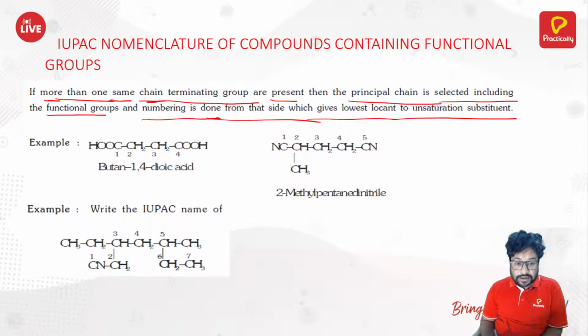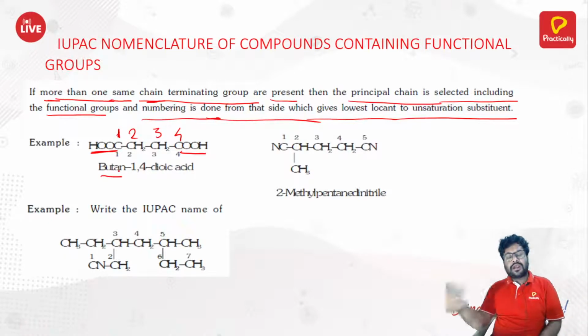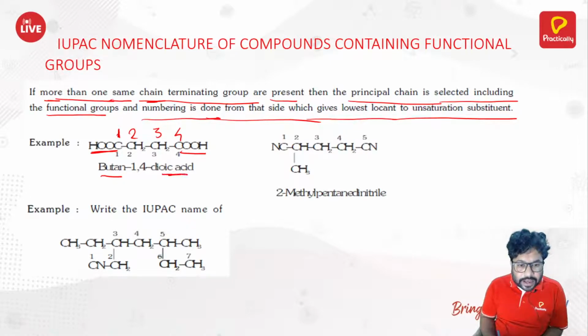For example, look at here. This is straightforward. 1, 2, 3, 4. At the first you have a COOH. At the fourth you have a COOH. Straightforward. 4 carbon. What do we write? Butane-1,4-dioic acid. Remember, we named carboxylic acid as oic acid.